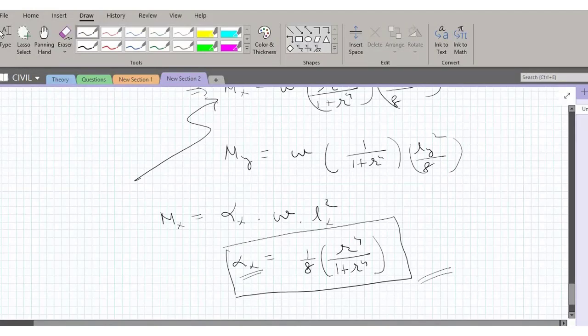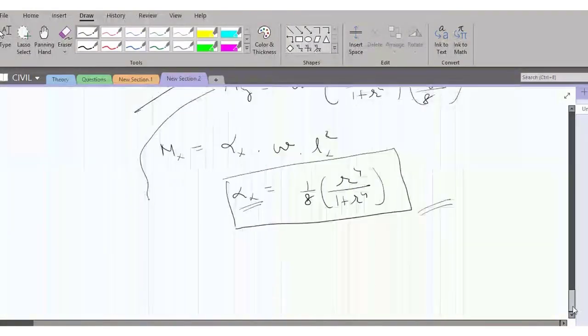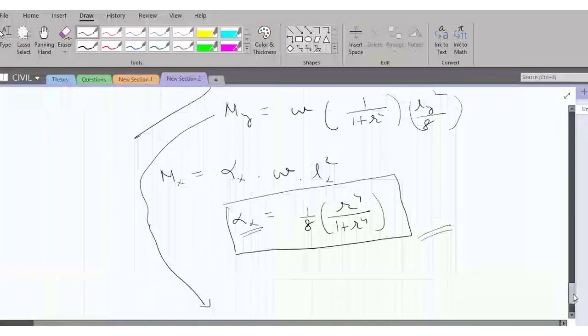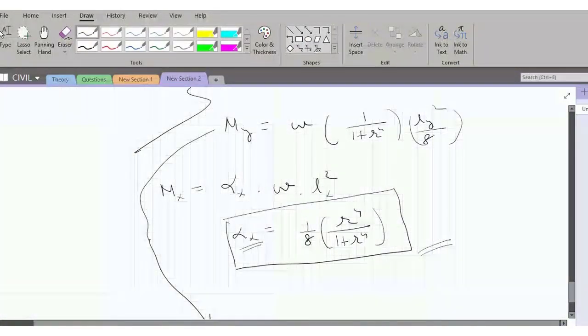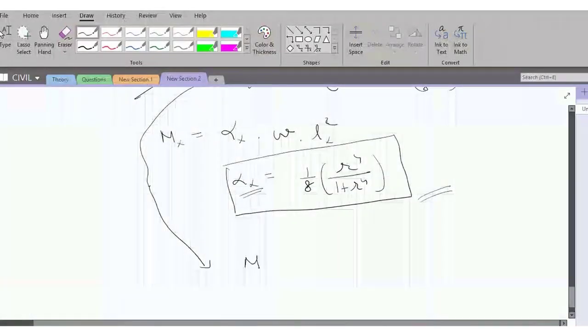Now, if I talk about My, a little bit of manipulation you can do here. As I said, you want to represent this My also in terms of Lx. Let me write this expression first: My equal to alpha y into W into Lx square.